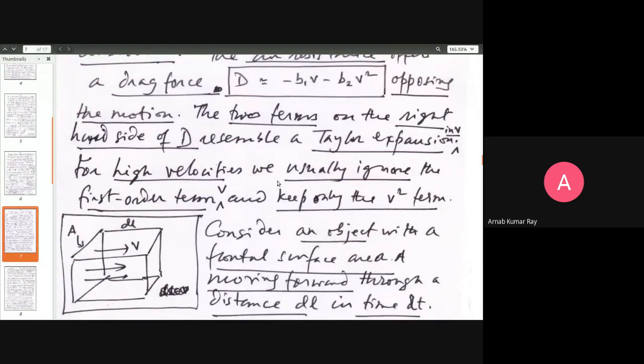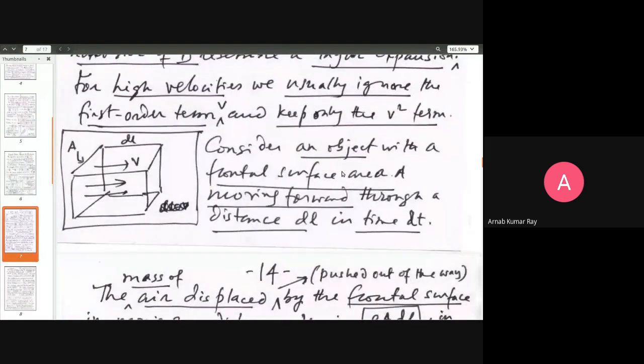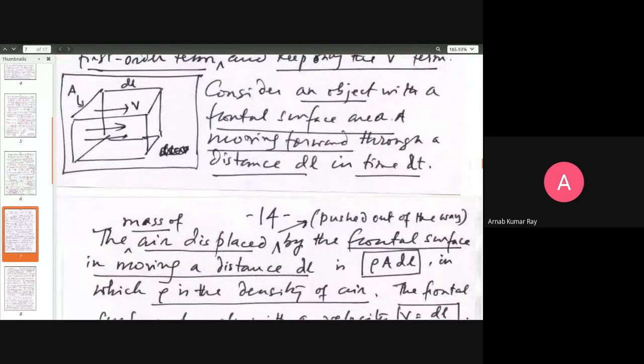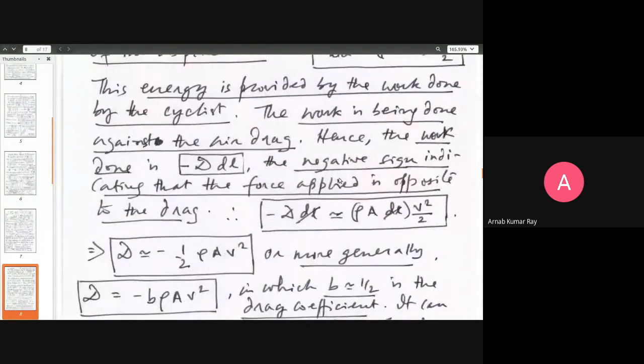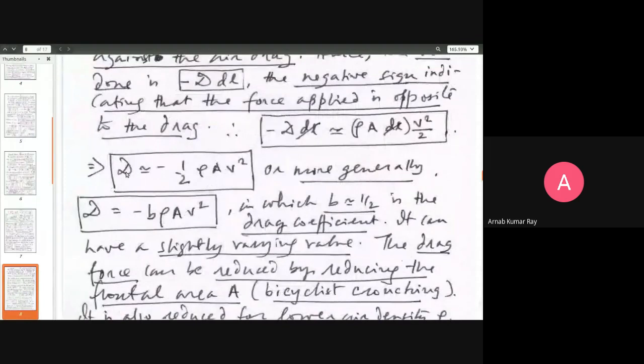That's a mathematical justification. Where's the physical justification? Here is the physical justification that I have just discussed. This whole business of pushing an object through air and the resistance that it faces, displacing air out of the way, all of these things will show that the drag force that one experiences is indeed proportional to the square of the velocity.